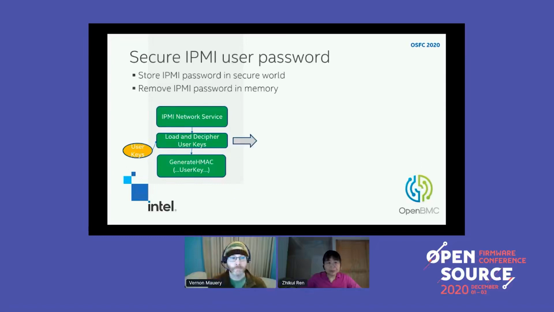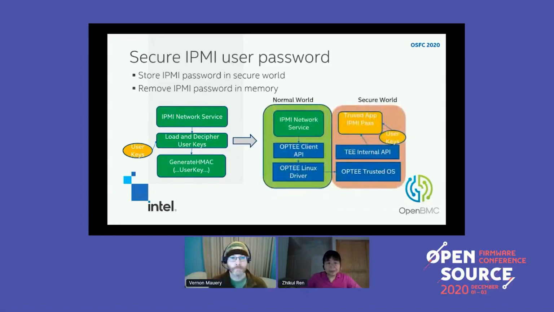We want to split that into this new scheme with the trusted execution environment. Basically, all the secrets, the user keys and the handling of them, we want to keep in the secure world, and the rest of the negotiation can be done in the normal world.